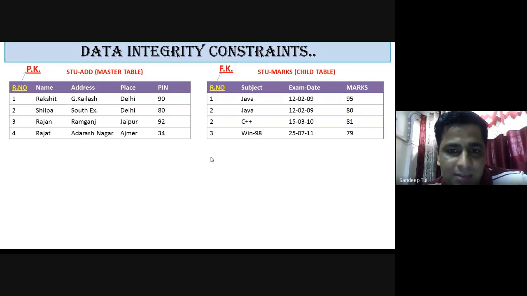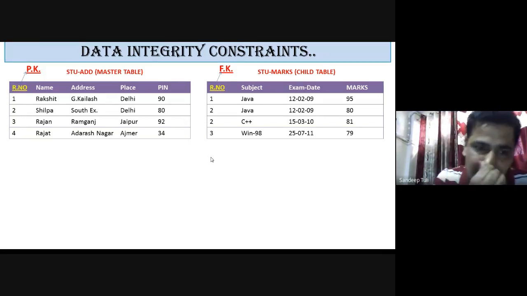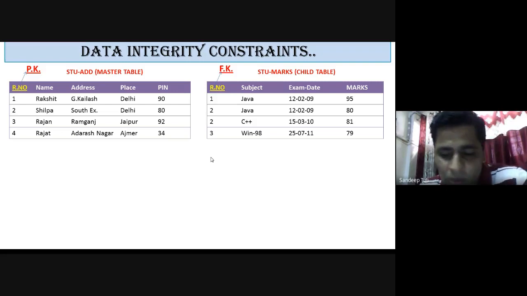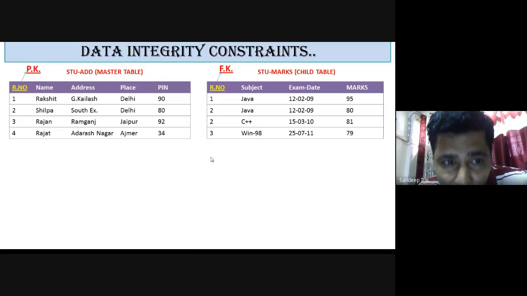Okay, so now I think the technical definition of consistency is also clear, and with the help of a real-life example, I have also explained consistency. Now you need to answer some questions. Look at your screen. I think you are able to see two different tables right now. One is student address, that is the master table, and one is student marks, that is the child table.